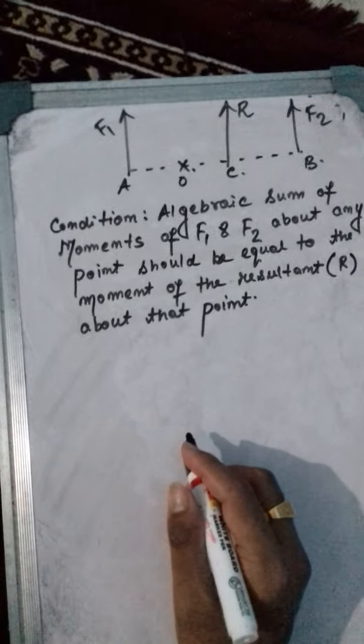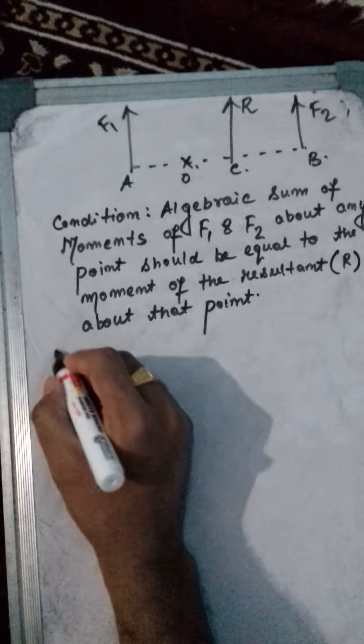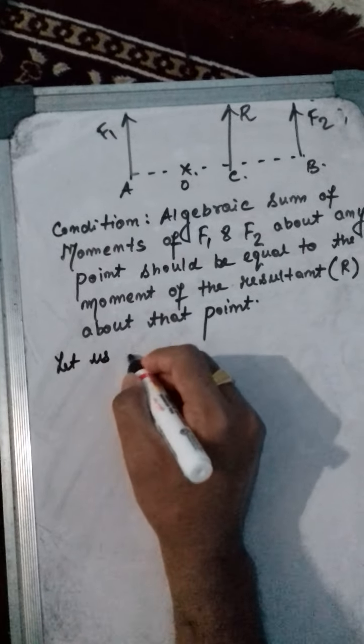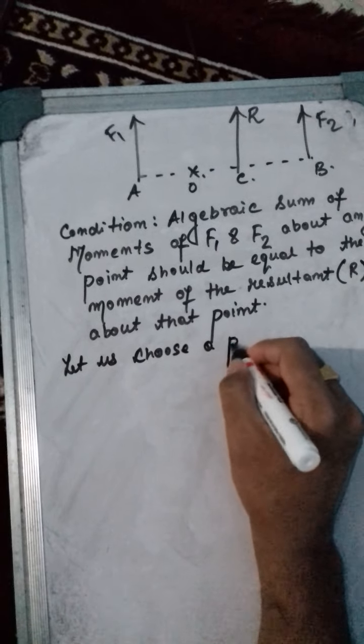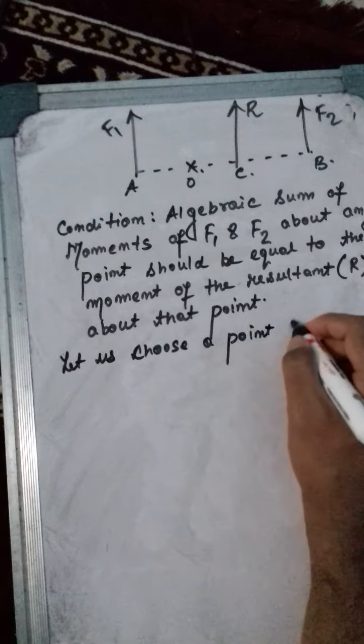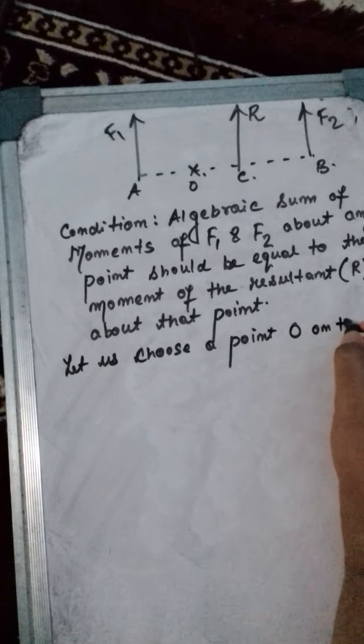Now let us choose a point O on the line AB.